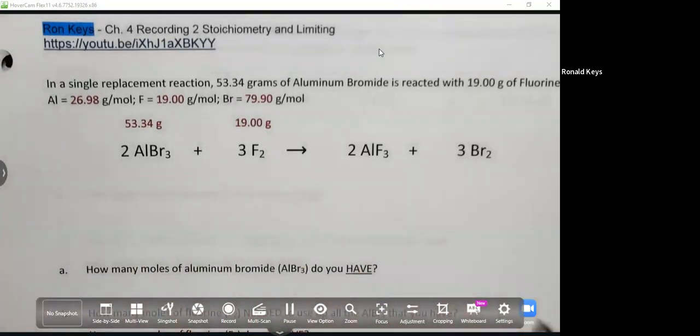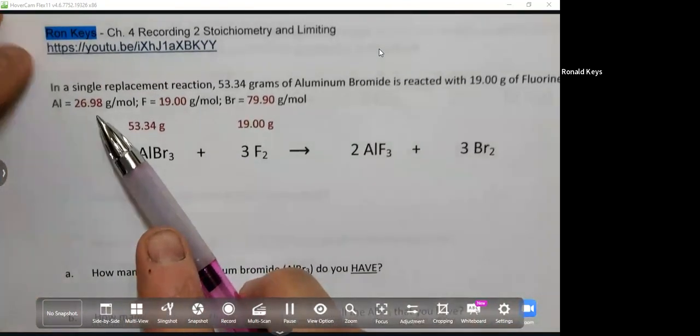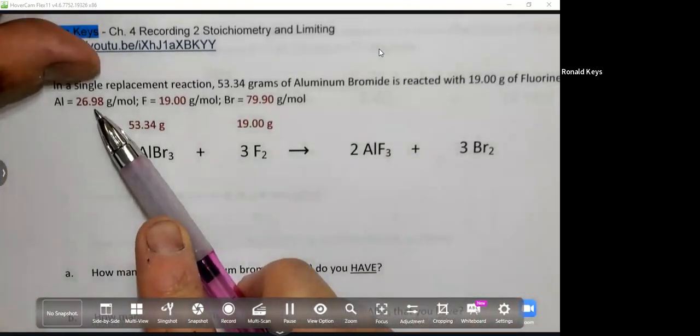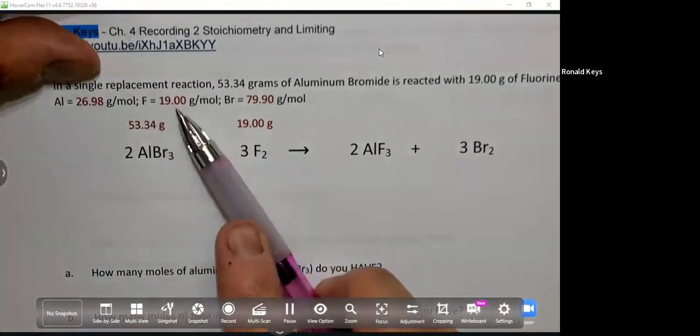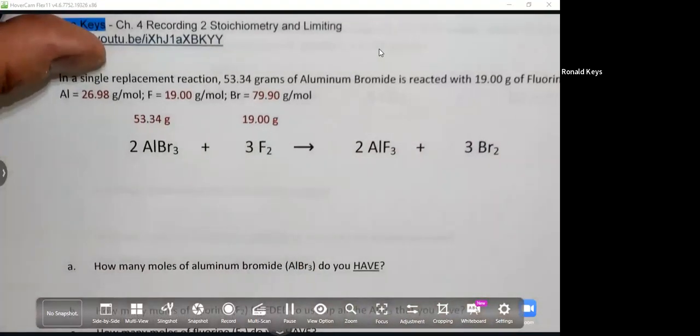And we just have to figure out every letter here. And so I put the atomic masses up here. Atomic weights: 26.98 for aluminum, fluorine 19.00, and bromine 79.9. So that's kind of nice.